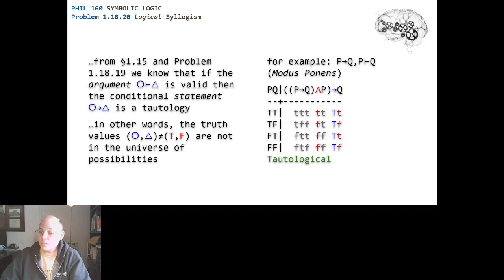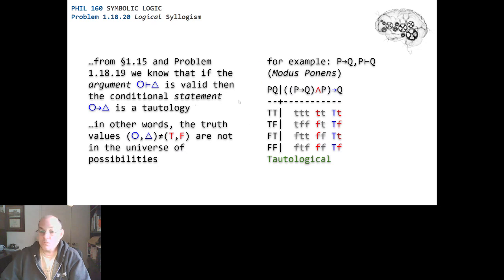So this is what we mean when we say that within the universe, you're never going to get a truth value composed of T and F in that order.